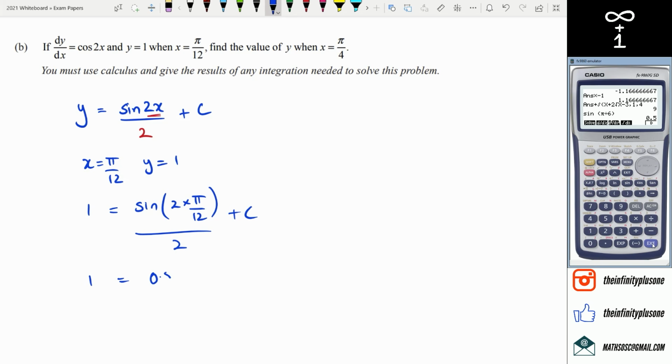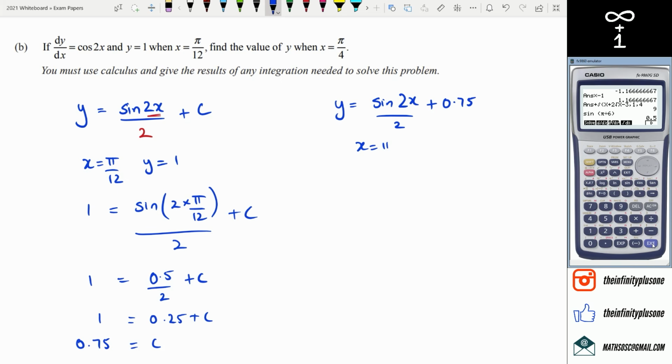So we've got 0.5 over 2 plus c. So we've got 1 equals 0.25 plus c, and c is equal to 0.75. So our equation is y is equal to sine 2x over 2 plus 0.75, and we've got x equals pi over 4. What is y?